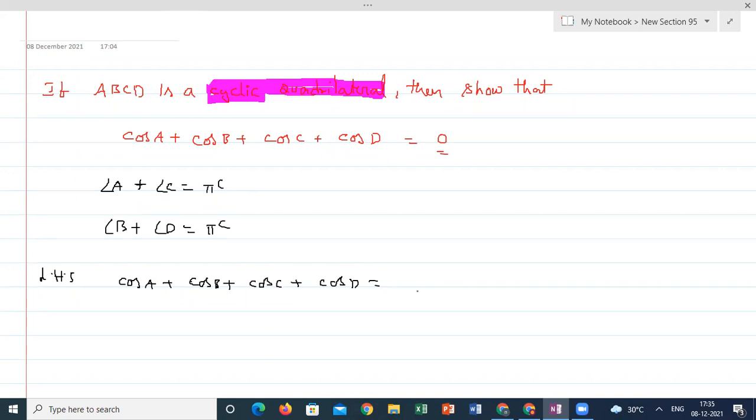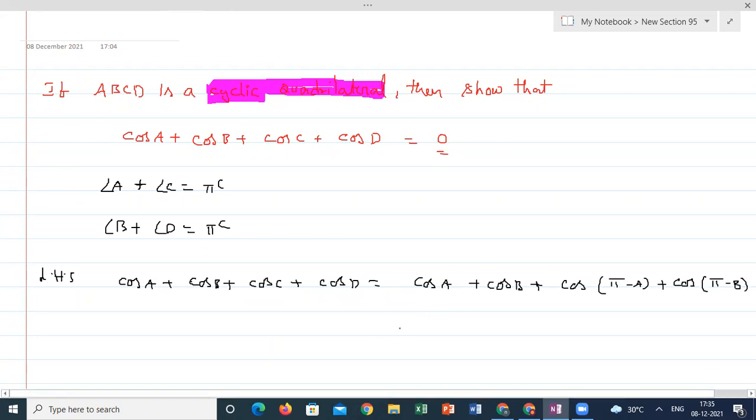I'm trying to eliminate C and D. Cos A plus cos B plus cos C can be written as cos of pi minus A, and cos D can be written as cos of pi minus B. So this will be equal to cos A plus cos B minus cos A minus cos B, which is 0, the RHS. Hope you understand what I wrote here.